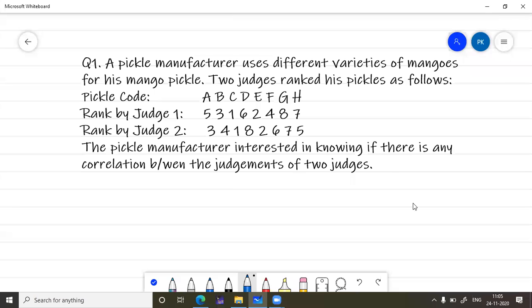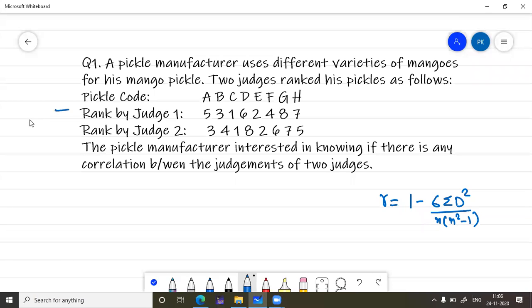Right. So you know that for evaluating the rank correlation, R equals 1 minus 6 summation of D square divided by N square minus 1.